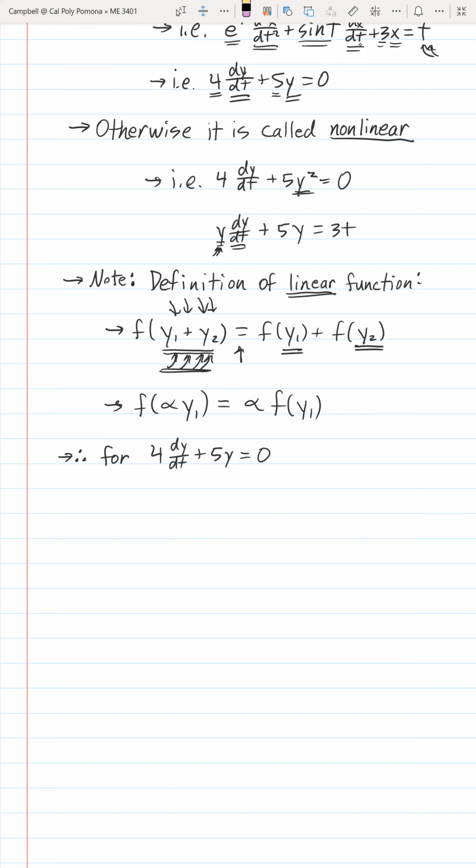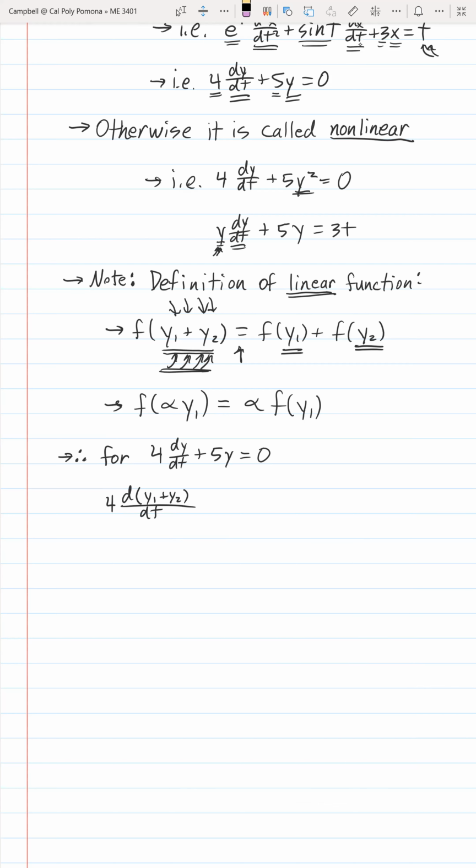So if we have 4 d(y1 plus y2), so we'll have a combination of two inputs coming in, y1 and y2.